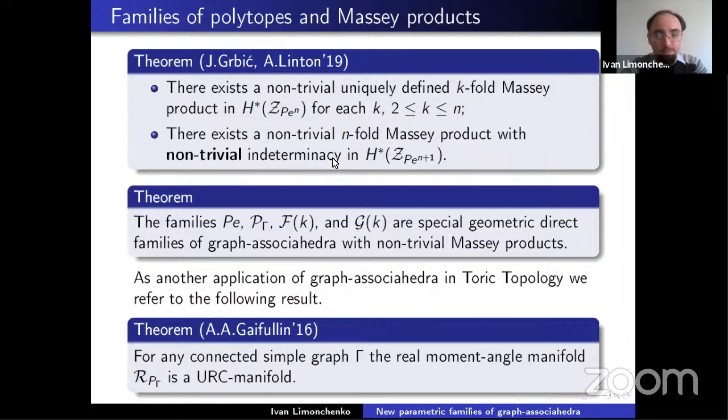Let me recall finally that RP gamma has dimension n, where n is the dimension of the polytope. So RP gamma has dimension n if gamma is on n plus 1 vertices. And if we have families of graph-associahedra, that means you have families of manifolds, one manifold in each dimension. So this is another possible geometric, topological application of the theory of families.